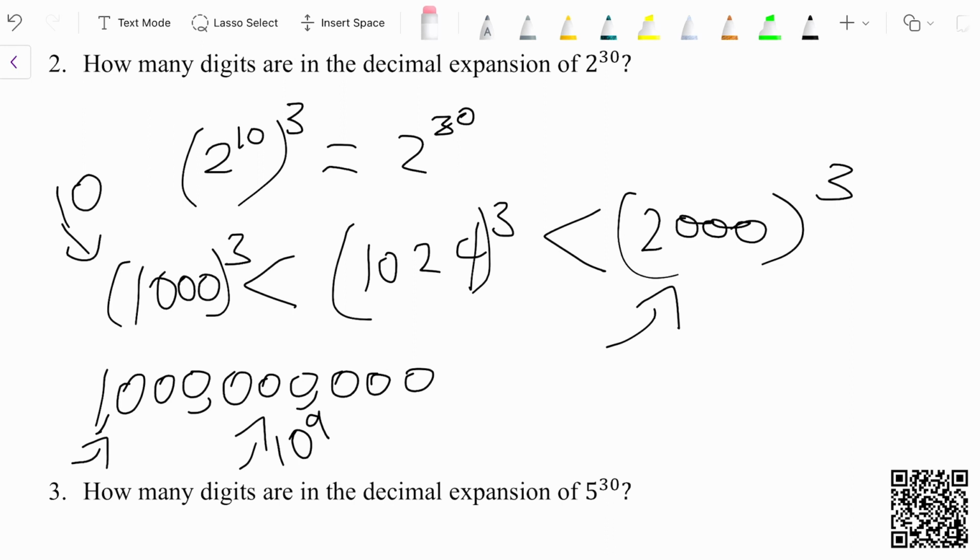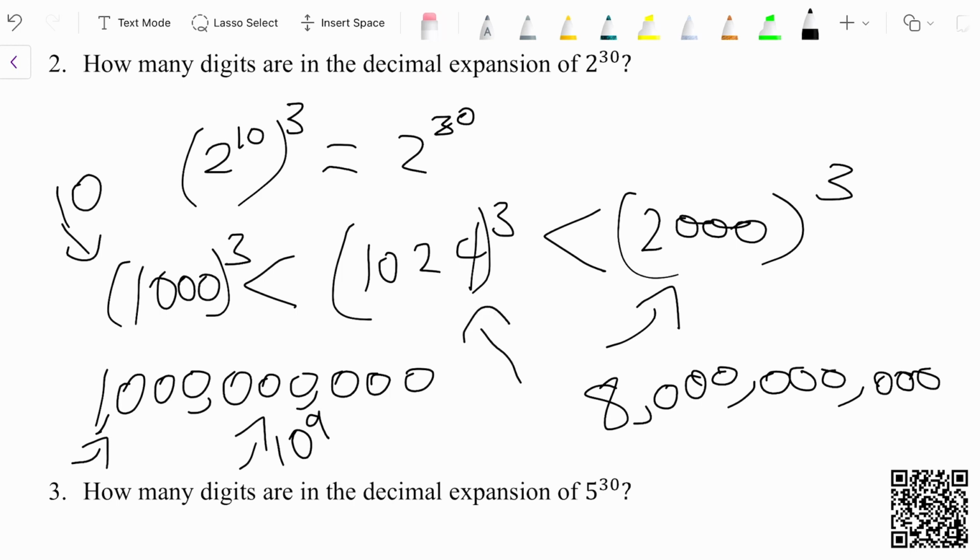But 8 isn't enough to add another 0 onto the end, because this number would basically be our 1000 number, but with an 8 at the front. And this number also has 10 digits. And since 1024 to the power of 3 is set in the middle of these two numbers, that means it's also going to have 10 digits.